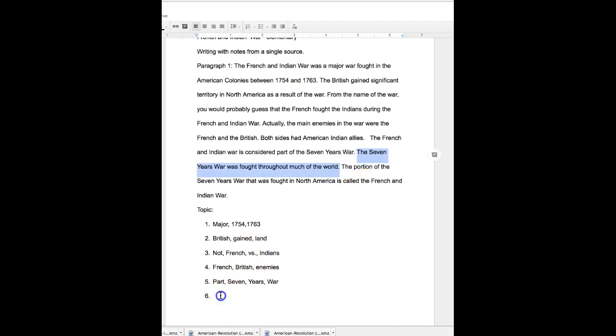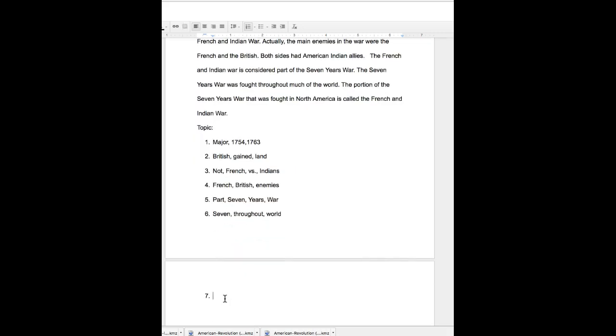That was, so the 7 throughout world. And then the last sentence there, the portion of the 7 Years' War fought in North America is called the French and Indian War. Okay, so I'll say North American.